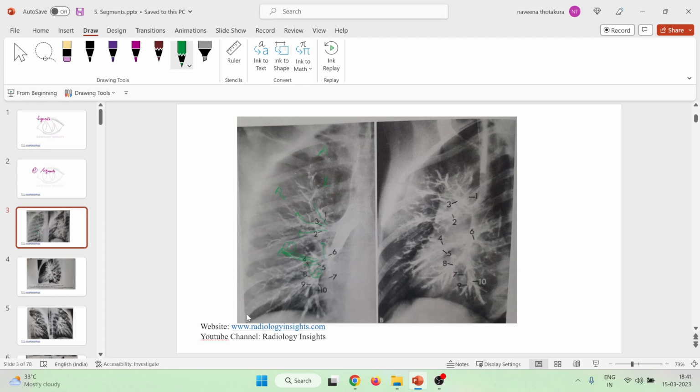Then there is the basal segment, which is again divided into medial basal, which is B7, anterior basal, which is B8, lateral basal, which is 9, and posterior basal, which is 10. So this is how the bronchi are divided, and each segmental bronchus will supply its own segment.